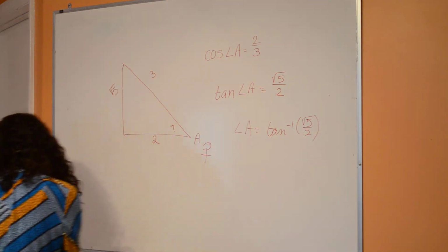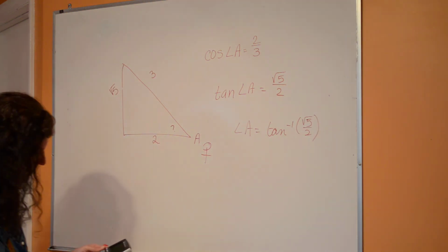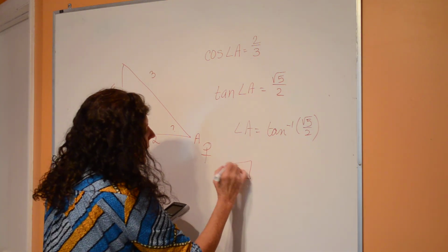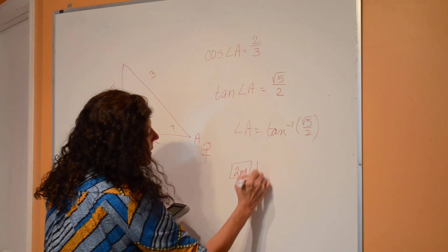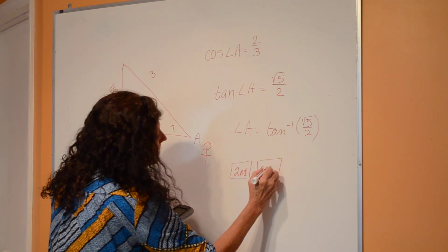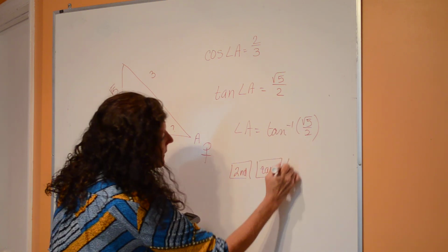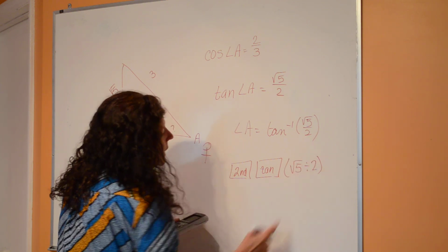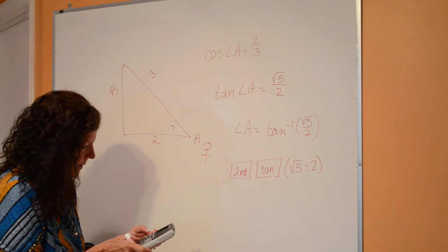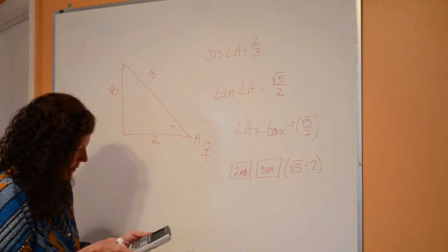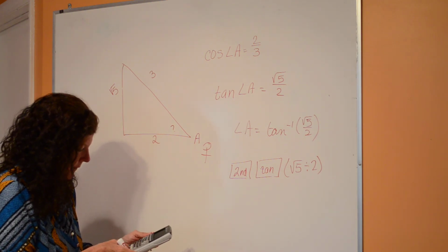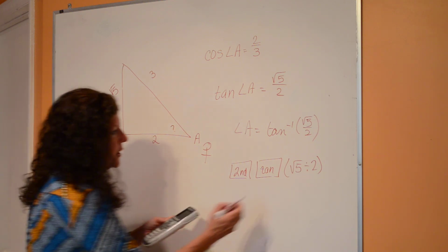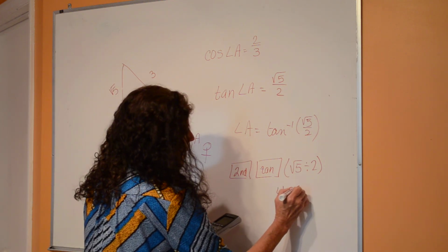And if you plug that into your calculator, let's get the answer there. The inverse tangent is your second, then your tangent button, and then you're going to put that in there. The square root of 5 divided by 2, and then you press enter. So second tangent, square root of 5 divided by 2, and you should get, rounded, 48 degrees.